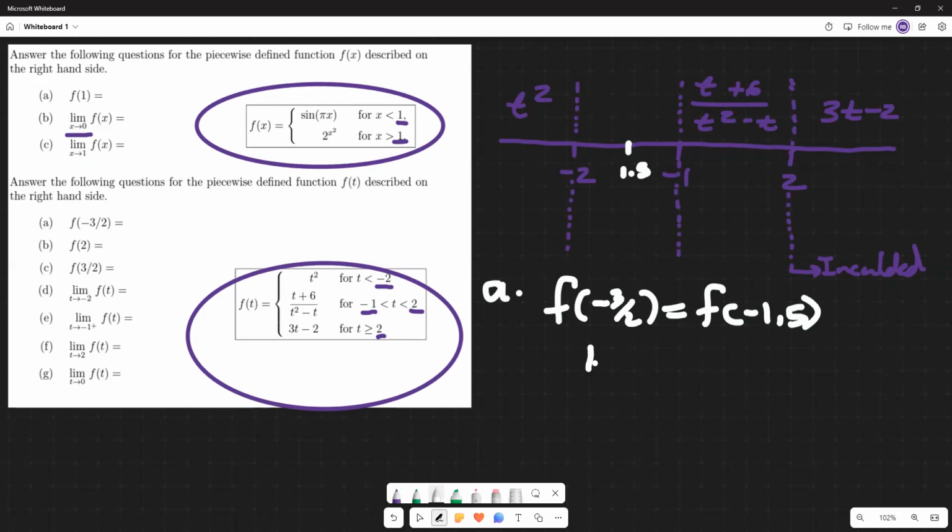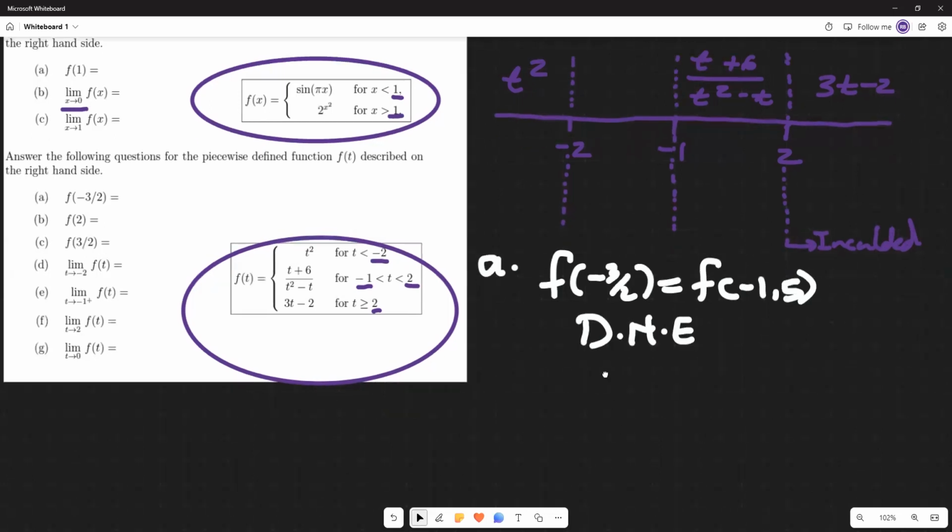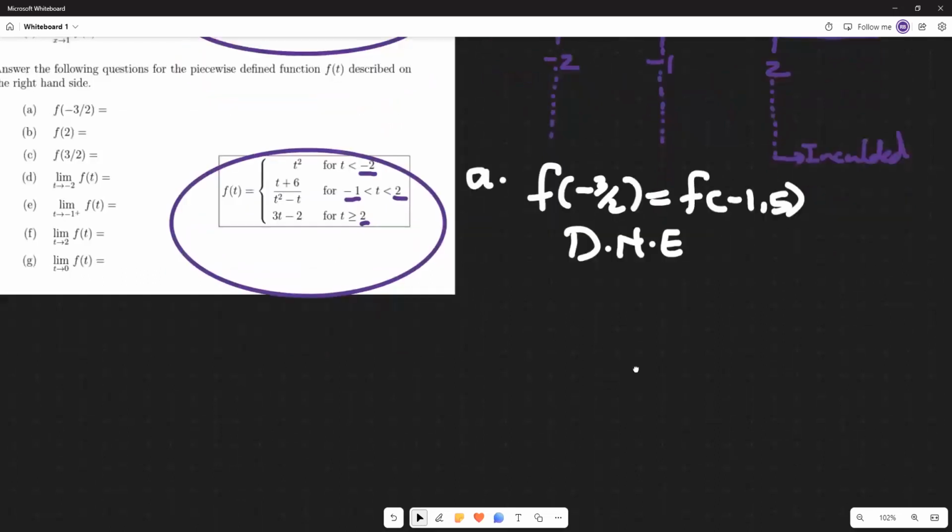So the limit does not exist. Why? Because the value here, they put it where there's no function, so we cannot really make any prediction or approximation. That's the first one. Then let's go to B.